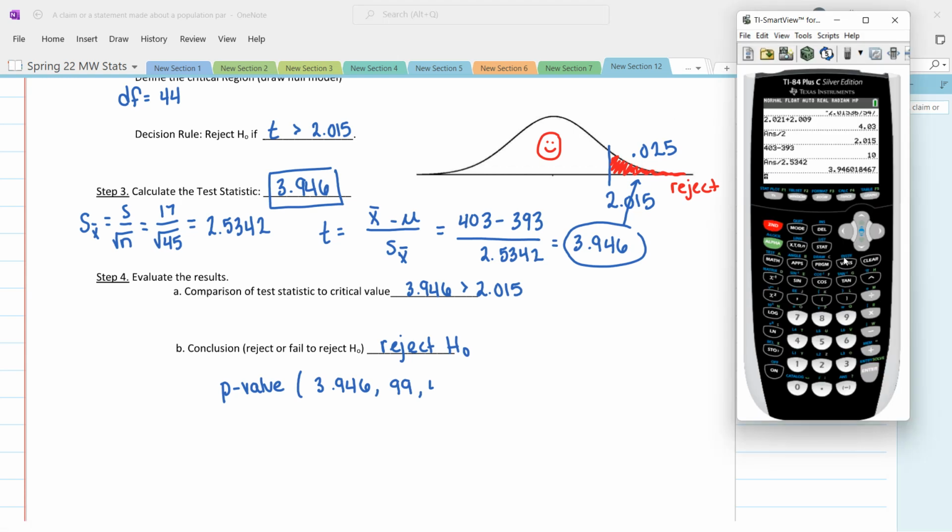Okay, so let's go tcdf, lower 3.946, upper 99, degrees of freedom 44.